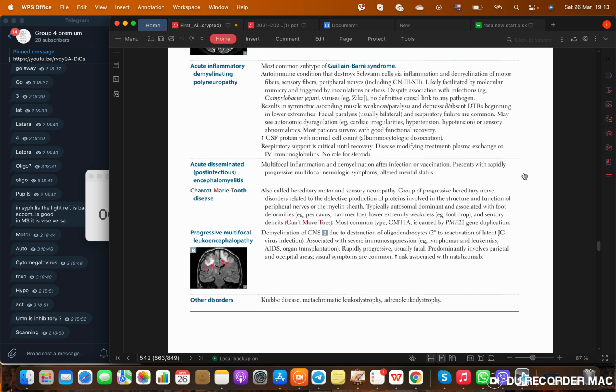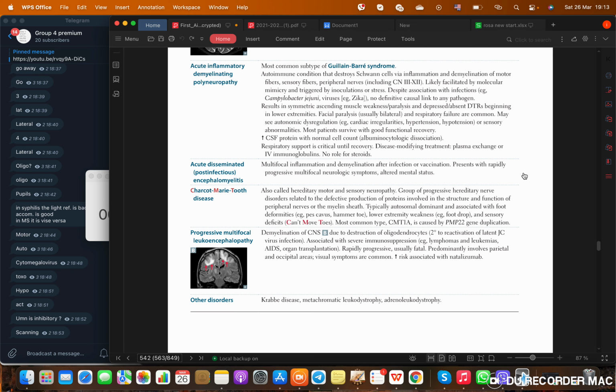So their bodies start making immune cells and antibodies against it. These immune cells and antibodies are going to basically do what? They are going to attack the Schwann cells because of molecular mimicry, meaning they will be looking like it. Okay, that's why the Schwann cells get attacked.